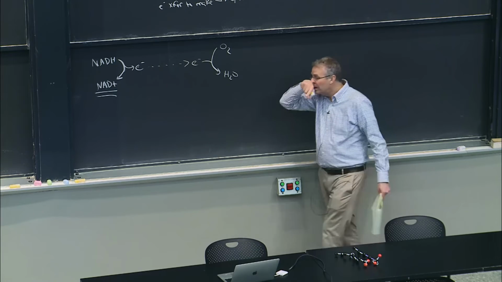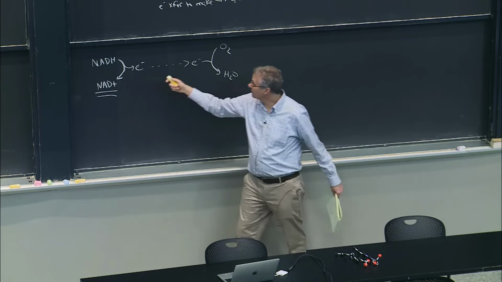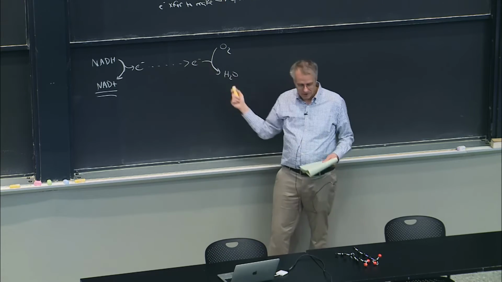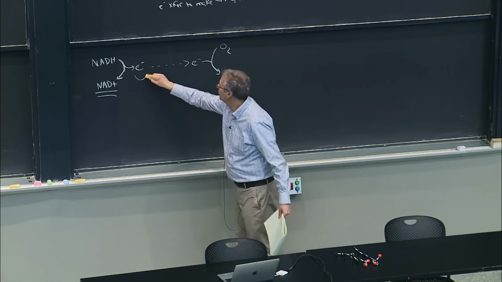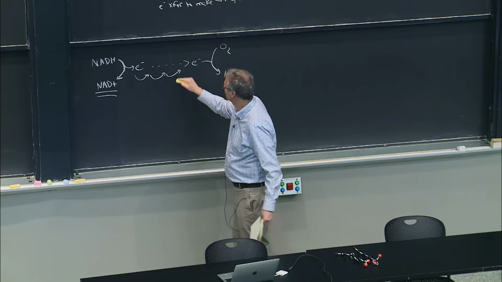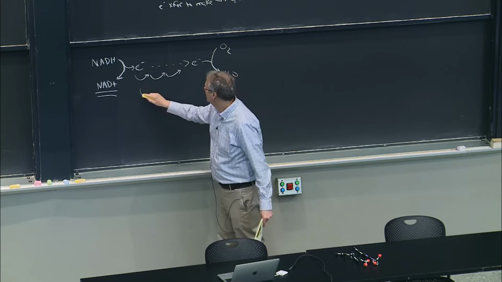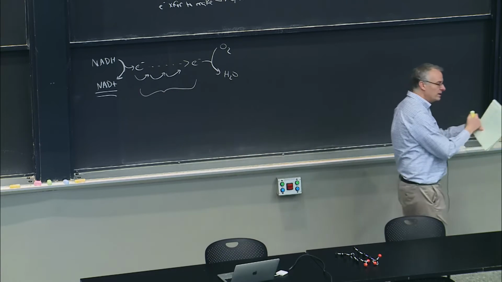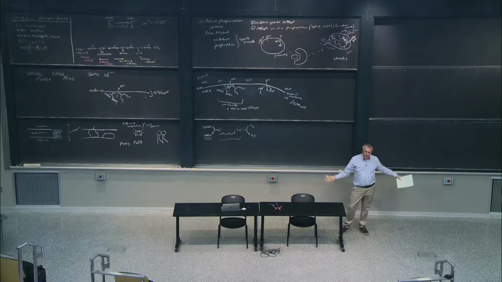All right? Now, as we started the lecture with and discussed in glycolysis, if we do this in one step, it's favorable, but it's also favorable if we do it in lots of little steps. By doing it in lots of little steps, just like we did in glycolysis, we can break up that energy release in a way to allow us to do more work, right?